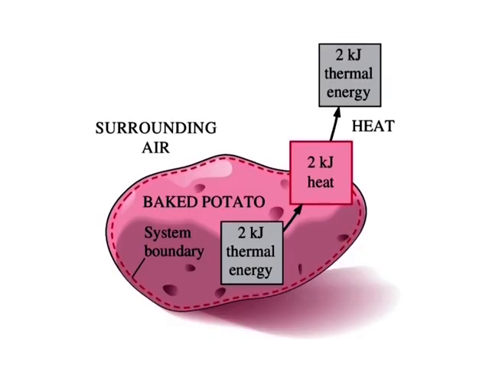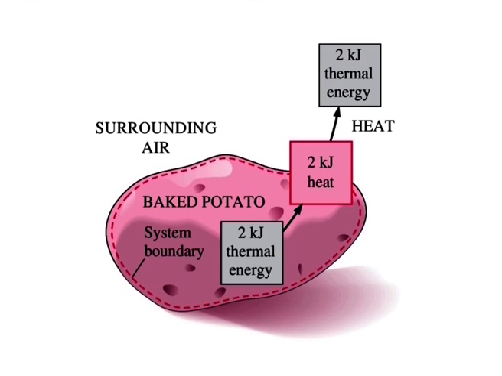Heat, unlike temperature, pressure and volume, is not an intrinsic property of a system. Heat is energy in transition. It is recognized only as it crosses the boundary of a system. Consider the hot baked potato once more.